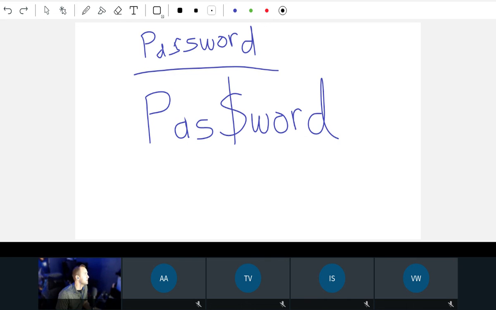So that is the password. By the way, your test won't open until Monday. Your final is set to be Tuesday next week, but it's going to open up on Monday.